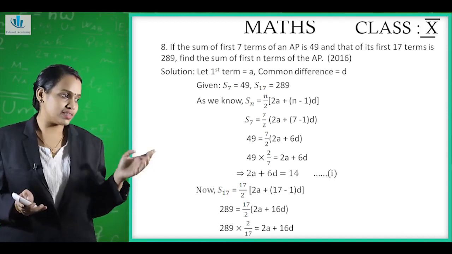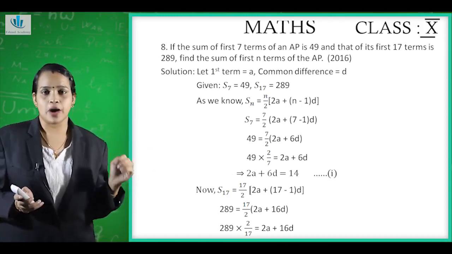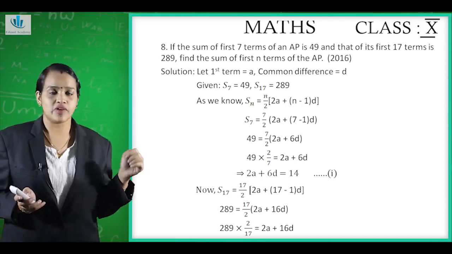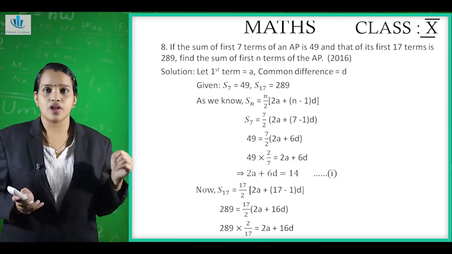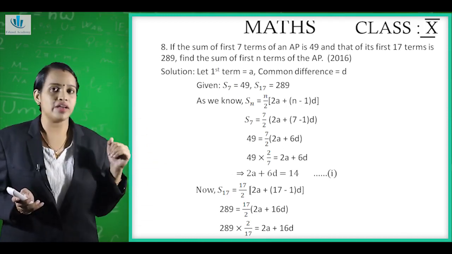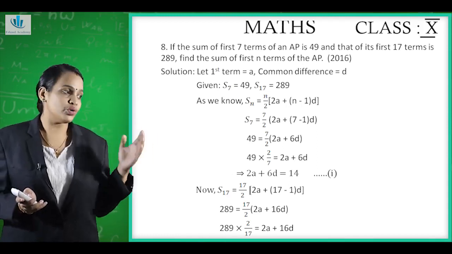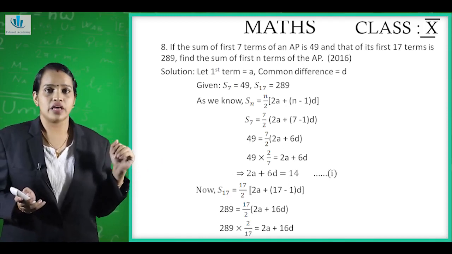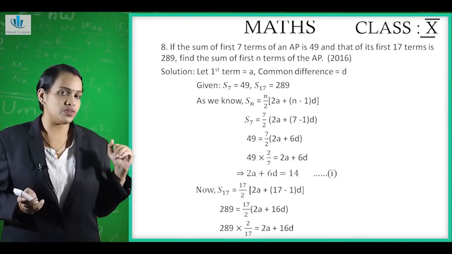Now S7 given in the question is 49, which is equal to 7/2 into (2a plus 6d). Now we will take 7/2 on the other side, it becomes 2/7. So 49 into 2/7 is equal to 2a plus 6d. Therefore 2a plus 6d gives 14. We will take it as equation 1.